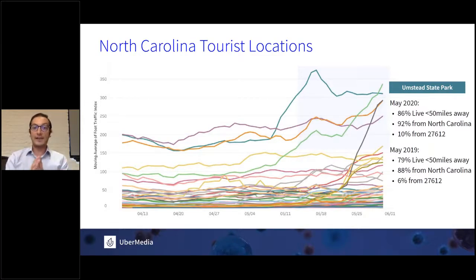So people aren't driving nearly as far as they used to, and it's a much more concentrated visitor, which means they might not want to go back to the same state park every time. And if Umstead isn't taking people from far distances or out of state and getting them to visit, it's probably not going to see that continued sustained growth, because people are going to the same sort of public areas and they might want to visit different public areas as opposed to the same attractions over and over again. So it would be so much fun to dig into this type of data and compare it to other parks throughout the state.